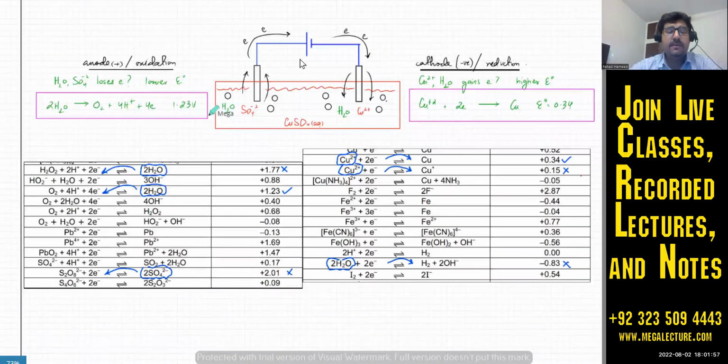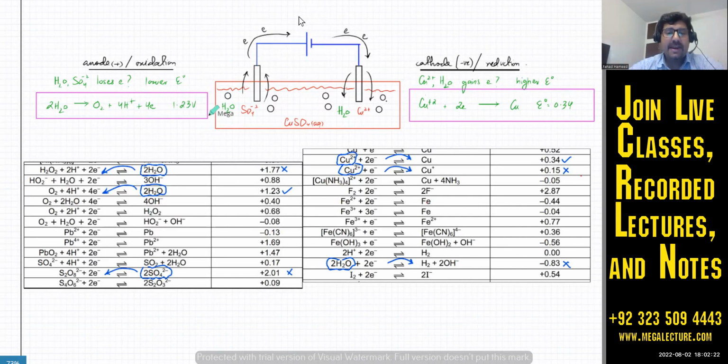The one thing to remember is that electrolysis is the opposite of a cell. One very small comment about the voltage on the battery: the voltage of the battery must be greater than the voltage difference between the two equations, because the battery has to be more powerful. The battery is the one deciding where the electrons will flow.